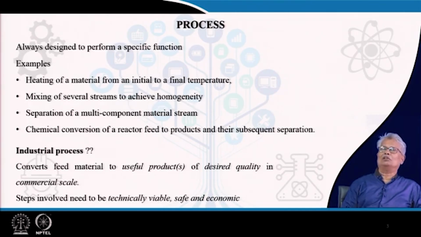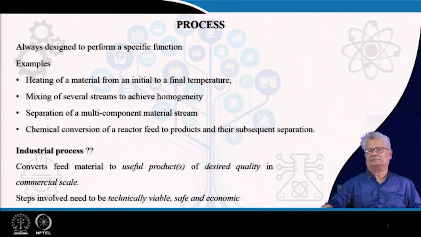Normally, that's the conventional idea about an industrial process. The steps involved, obviously, need to be technically viable, safe and economic. So one major feature of an industrial process is the steps are feasible or viable and economic, and they definitely have to adhere to the safety standards.